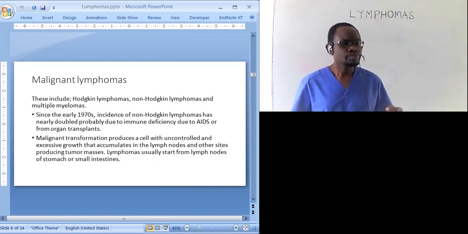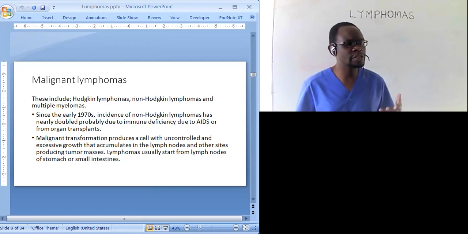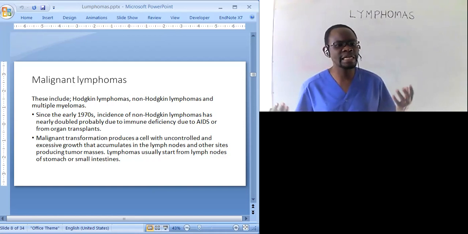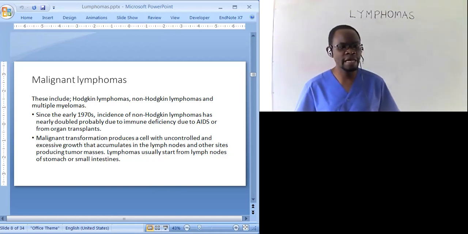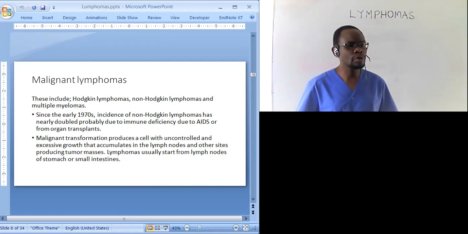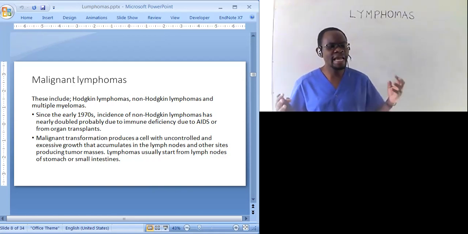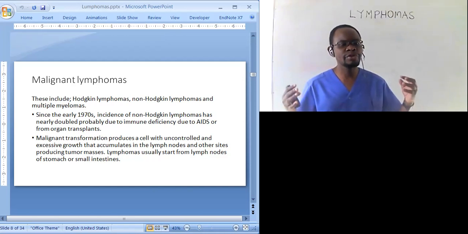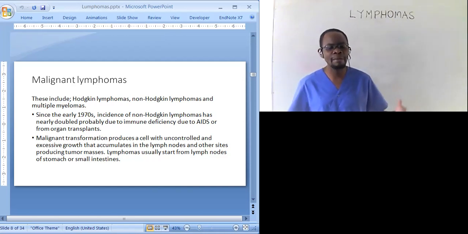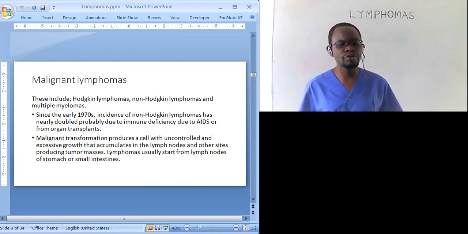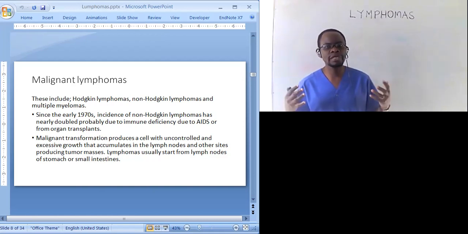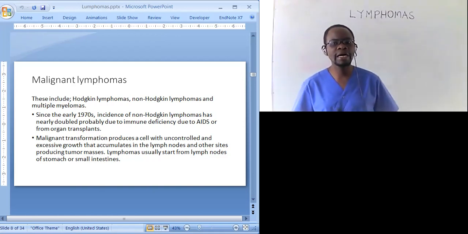Basically, the incidence of non-Hodgkin's has increased as a result of immune deficiency, especially with age. As we said earlier, these lymphomas come about as a result of excessive, uncontrolled division of the hematopoietic cells.